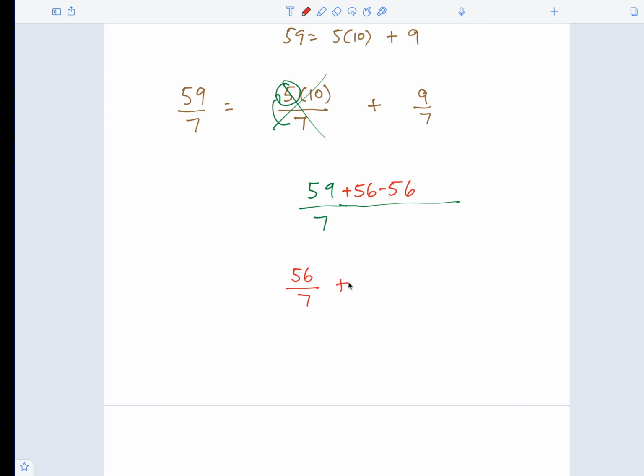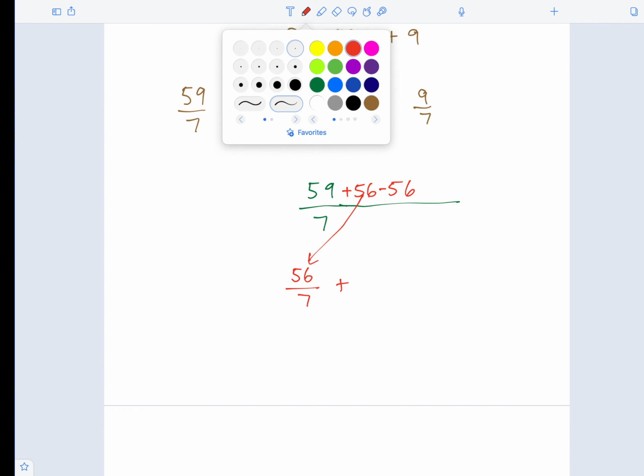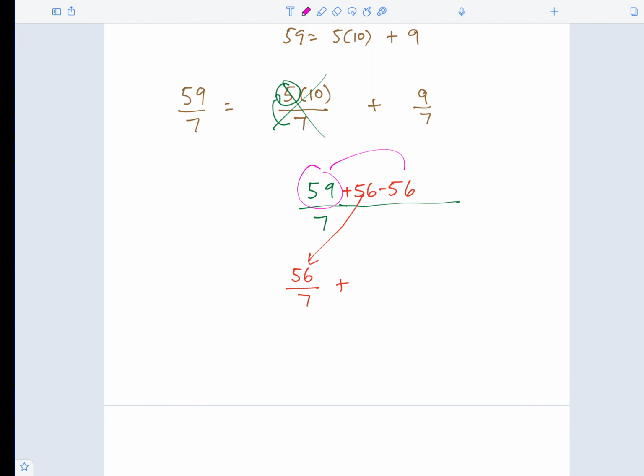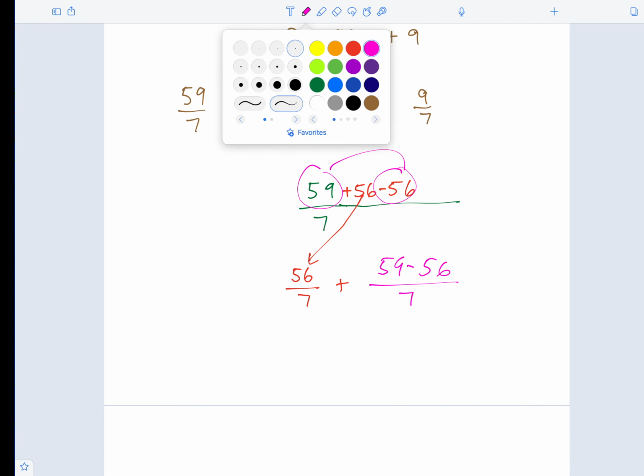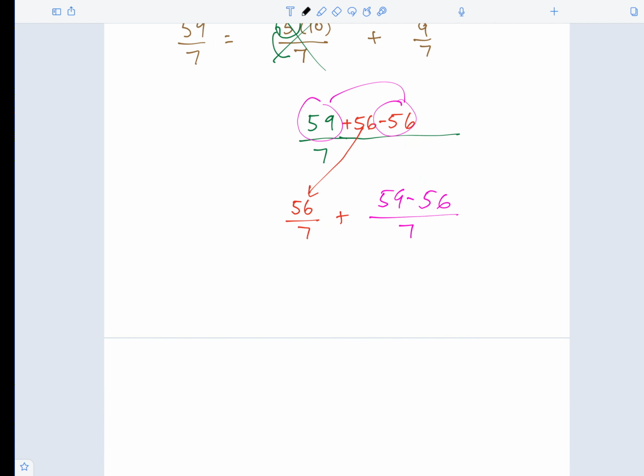I can go over 7, and then this 56 went here, and these two are going to get thrown off to the side. And so now what we can do is we know that 56 is 7 times 8, over 7, and then 59 minus 56 is 3 over 7.